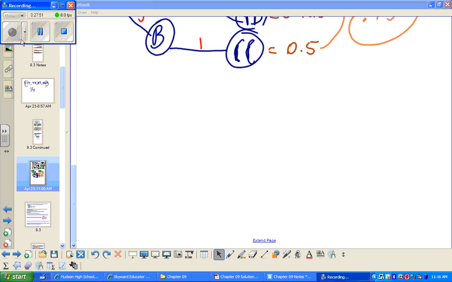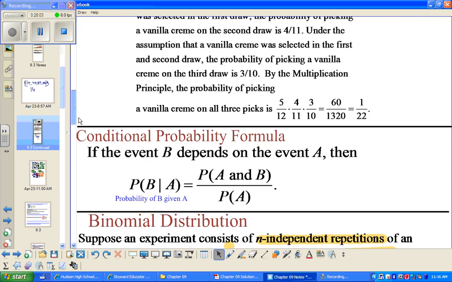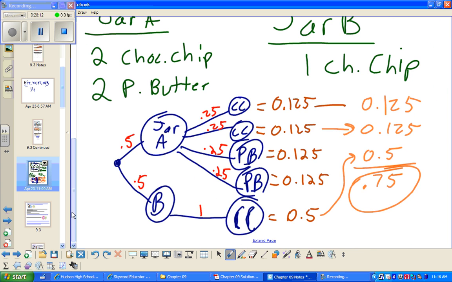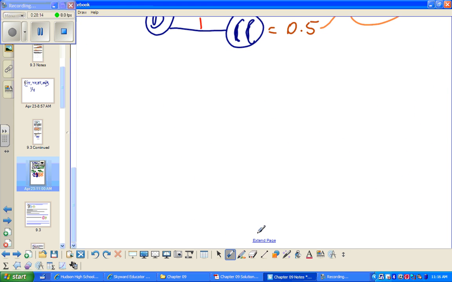Now we could go farther with this scenario, and I could talk a little bit about the conditional probability formula that we talked about earlier. I'll show you what that is again. This one right here, the conditional probability formula. Suppose we've drawn a cookie at random from one of the jars.